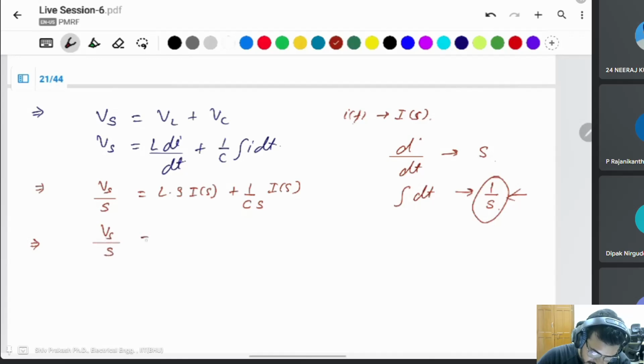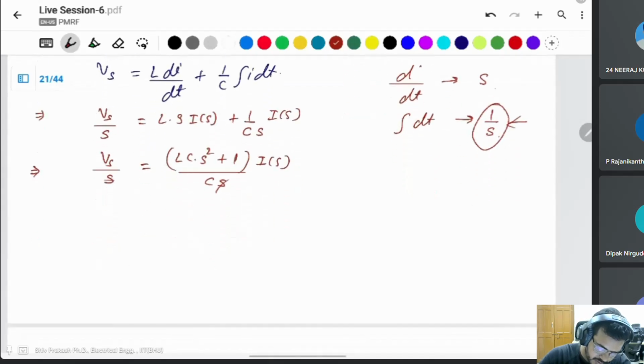Then Vs by S. If you take Is common and Cs as LCM, we get LC into S square plus 1, and the S will be cancelled out. Then what is Is?